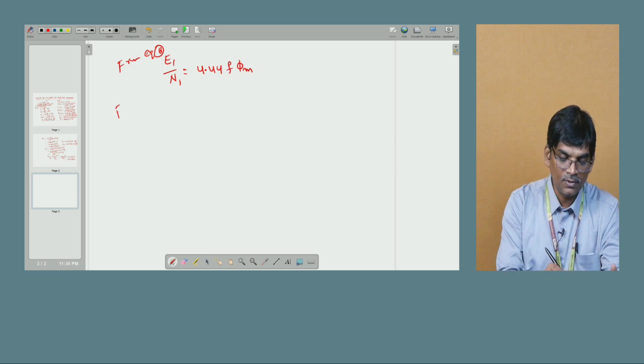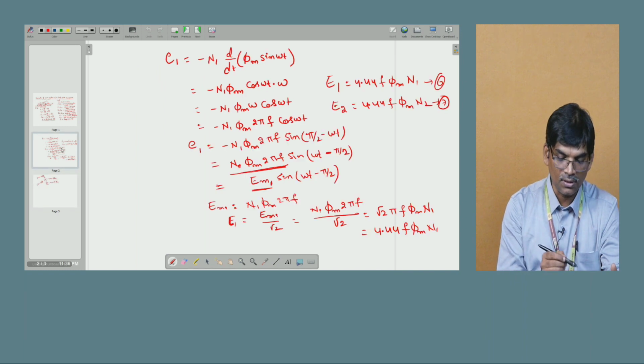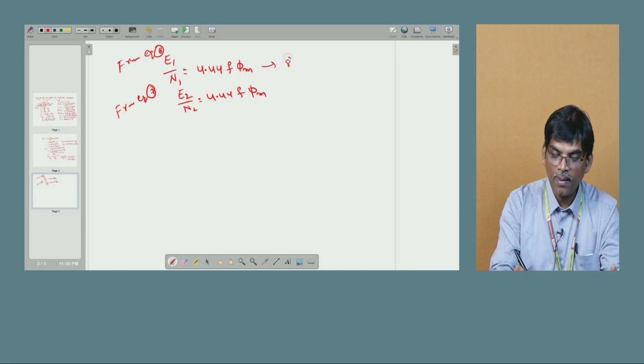Similarly, from equation 7, E2 by N2, the per turn voltage in the secondary, is 4.44 frequency and magnetic flux. Maybe these are equations 8 and 9.